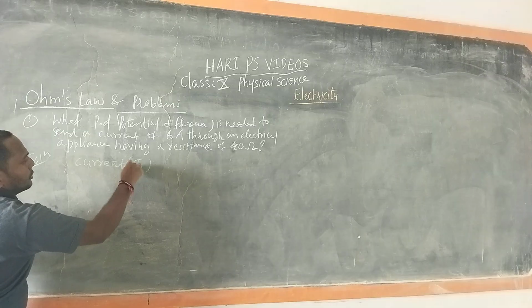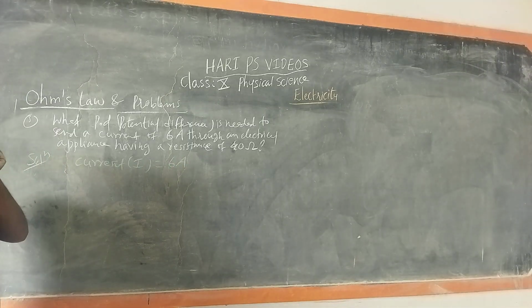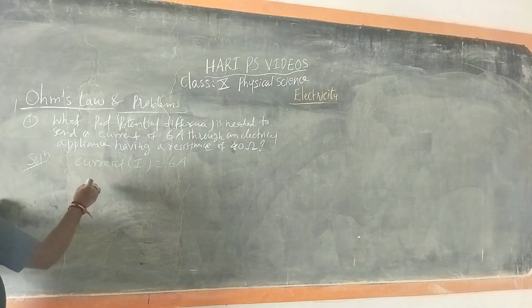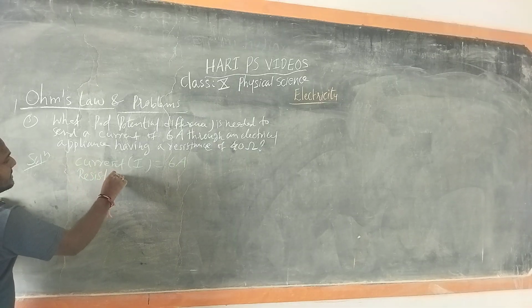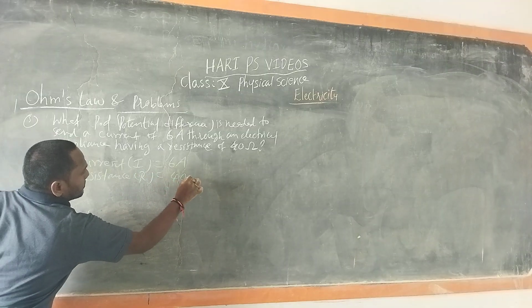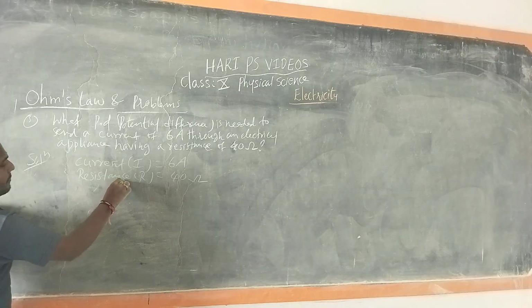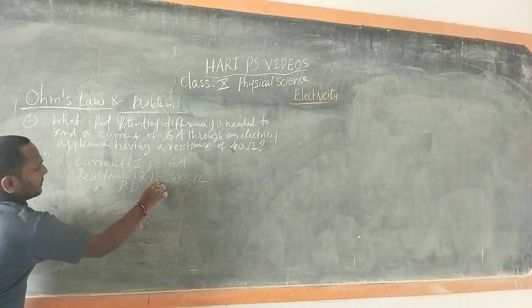Current I is equal to 6 amperes. Then resistance R is equal to 40 ohms. Then what about the potential difference?